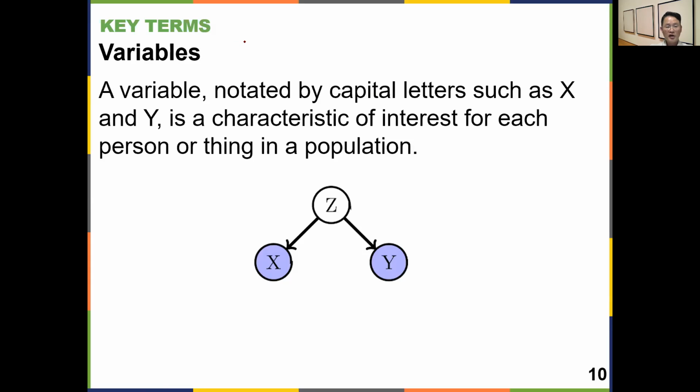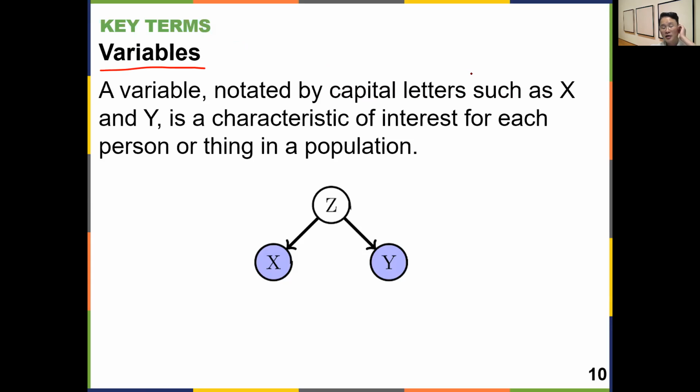Now, another key term that we need to know is what's called a variable, right? A variable in usual mathematics is usually a letter X or Y that describes some unknown value, right? That's a variable.